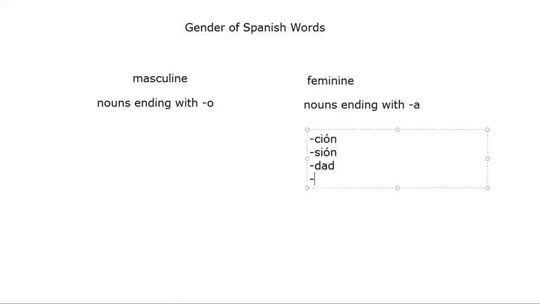We have -dad and -tad, and -tud, and -umbre. If we see these things, they are almost always going to be feminine words. So la precisión, la atención, la fidelidad, la lealtad, la libertad, la actitud, la costumbre. These endings are going to be feminine just about all of the time.